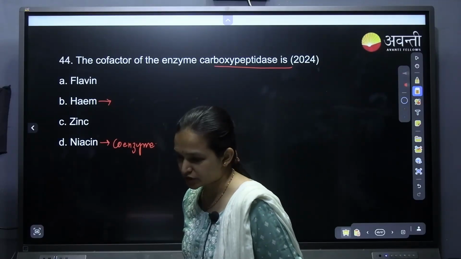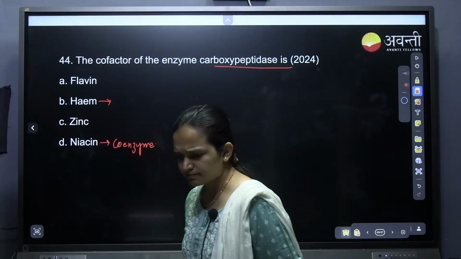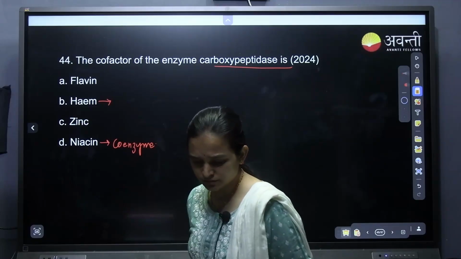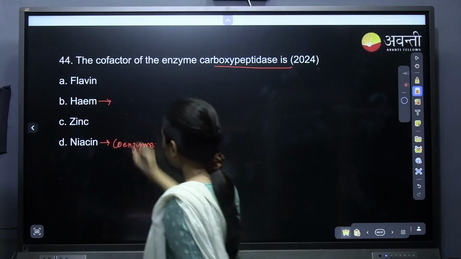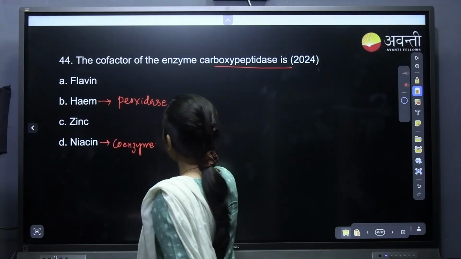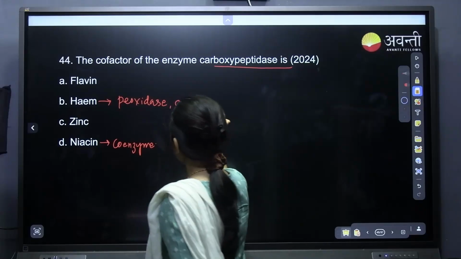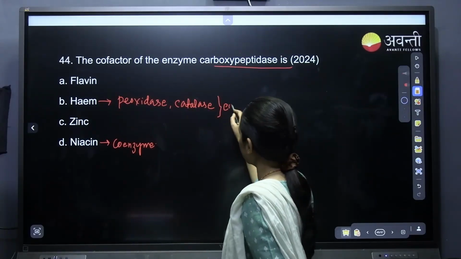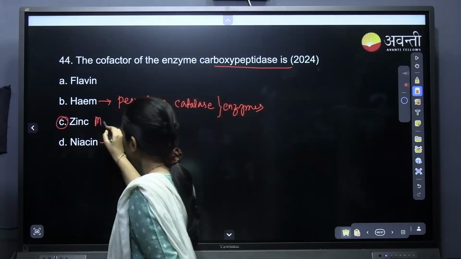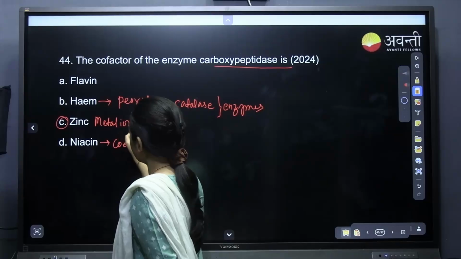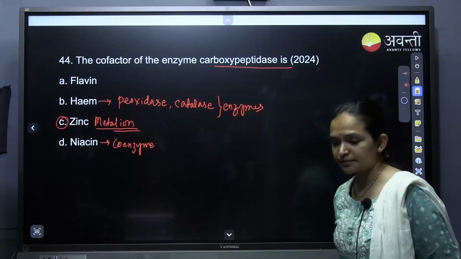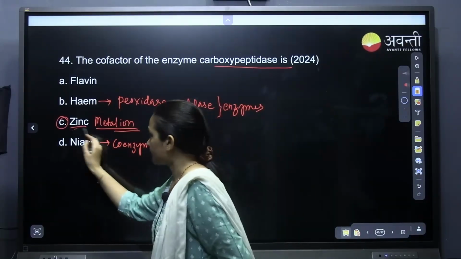Heme is a prosthetic group for peroxidase and catalase enzymes. Okay, these are enzymes. Actually, zinc is a metal ion which will be with the carboxypeptidase as a cofactor. Okay, this one is zinc.